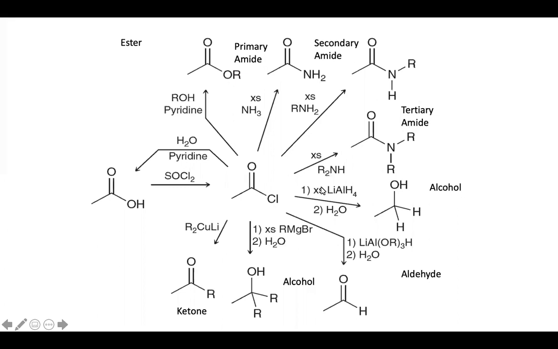Moreover, it can also undergo reduction, just like carboxylic acid itself, to form alcohol, and partial reduction by introducing a tri-tert-butoxy group in this LiAlH to form aldehyde. It can also react with Grignard reagent to form alcohol and Gilman reagent to form a ketone. What's different about Grignard and Gilman is that with Grignard, we actually get two R groups in the product, but for Gilman, there's only one R group.